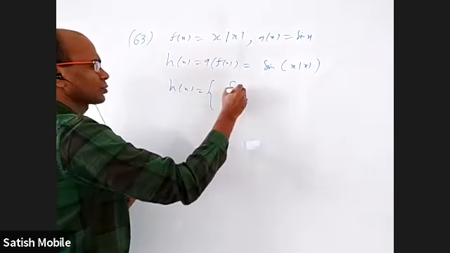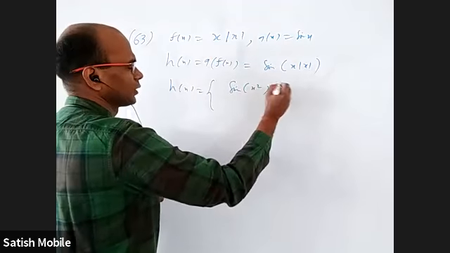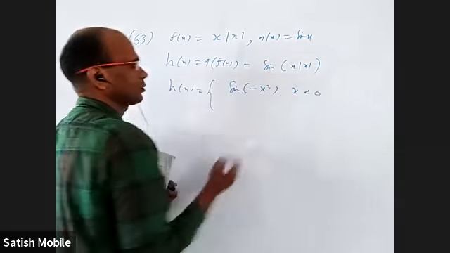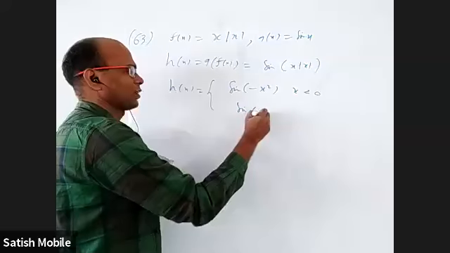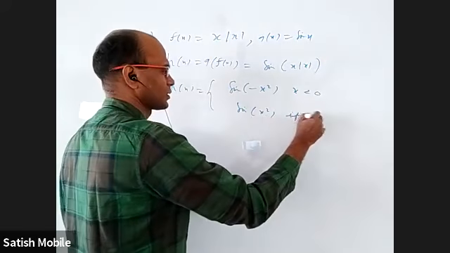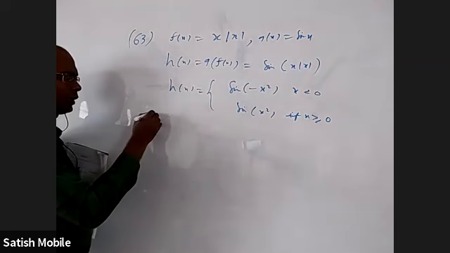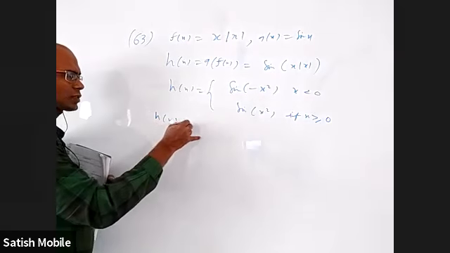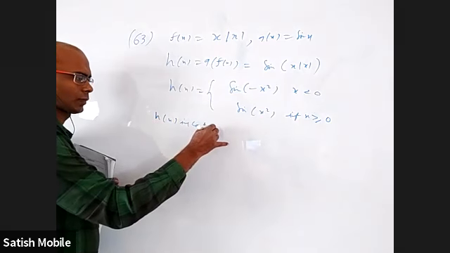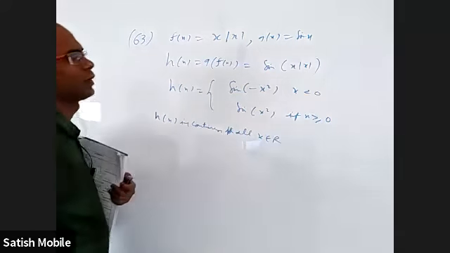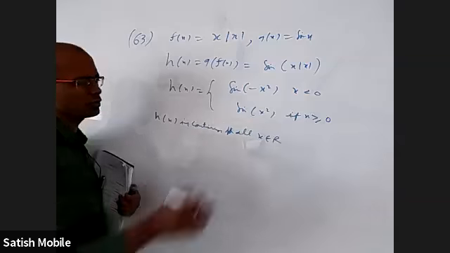It is equal to minus sine of x square if x is less than 0, and sine of x square if x is greater than or equal to 0. Okay. H of x is continuous for all x belongs to R, first of all. Why? At 0, this is 0, this is 0, so it is continuous, no problem.